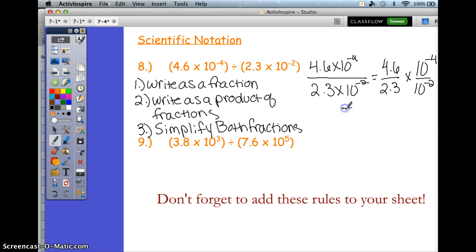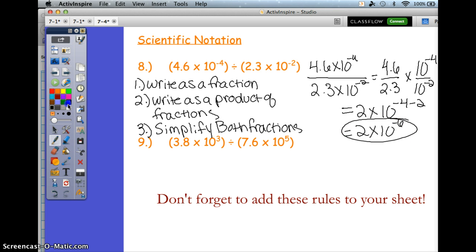Well, 4.6 divided by 2.3 gives you 2, times 10 to the negative 4 minus negative 2, you get 2 times 10 to the negative 2. Last but not least, you have to put it into scientific notation. So this is in scientific notation, so you're good to go.